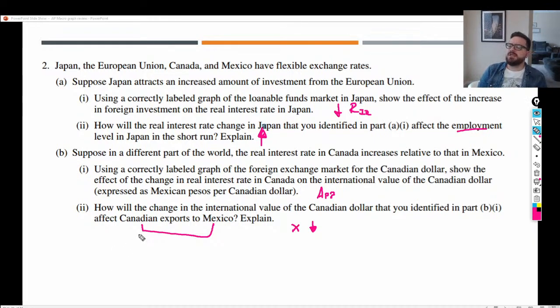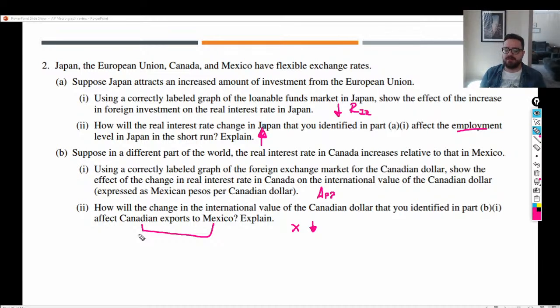So the Canadian dollar, we should see a decrease in exports from Canada because the Canadian dollar has appreciated in value, which will mean, and this is what I'm writing for my explanation, that Canadian goods will get progressively more expensive for Mexicans as those pesos per dollar go up, because it will now take more pesos to acquire a Canadian dollar, making Canada's goods more expensive for people from Mexico. That's the logic of it.